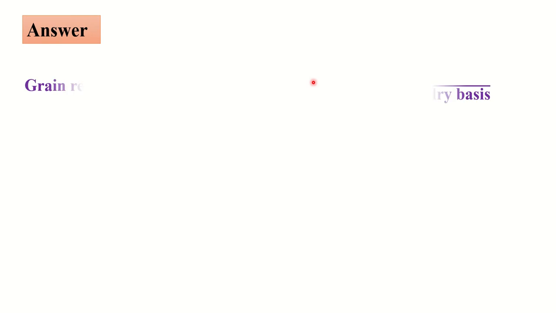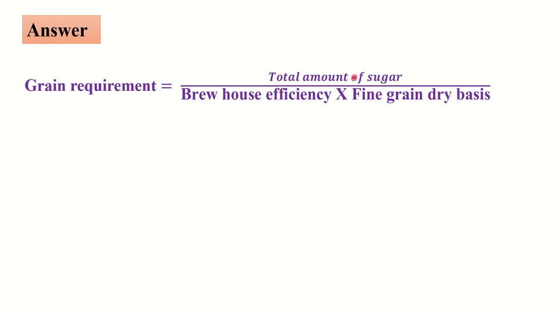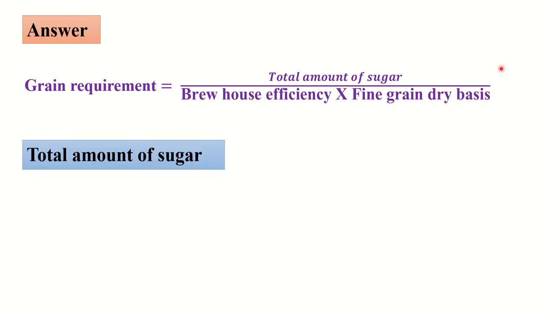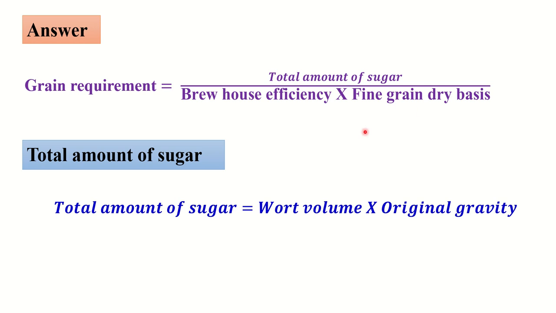So the first thing that has to be considered is the total amount of sugar. The total amount of sugar can be derived by multiplying the wort volume with your original gravity, and we know the wort volume that you can produce maximum is 40 liters and the original gravity is 50.